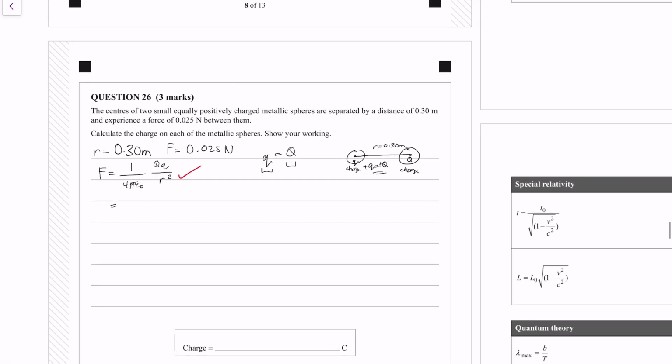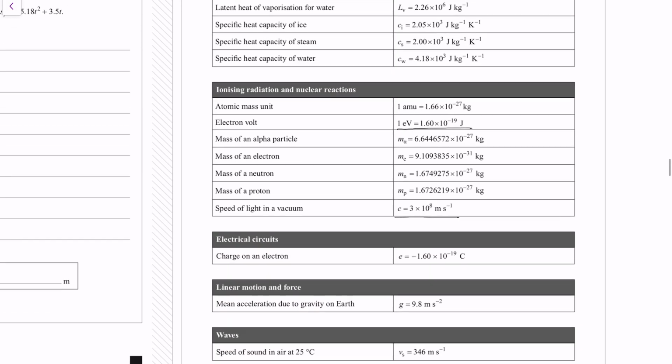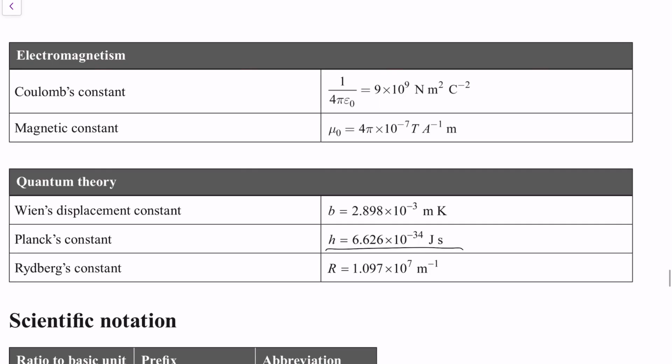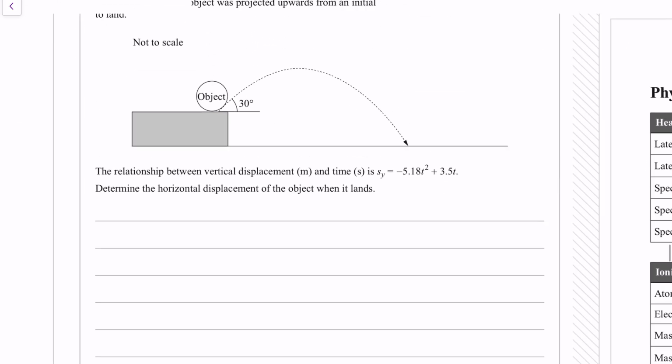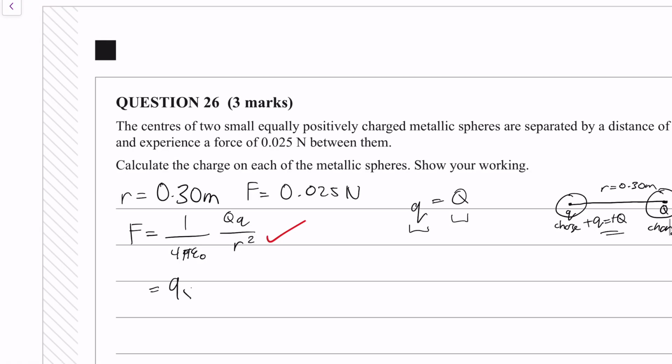It's to find. So we know Coulomb's constant. Here in the formula book, under electromagnetism, it's 9 times 10 to the 9, times QQ.